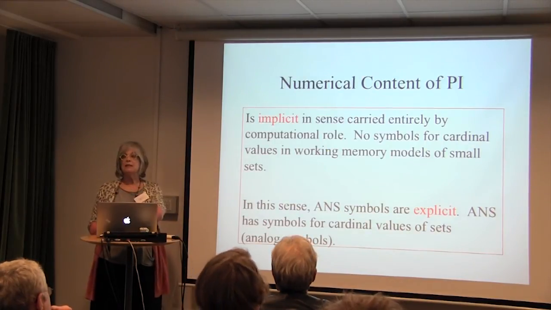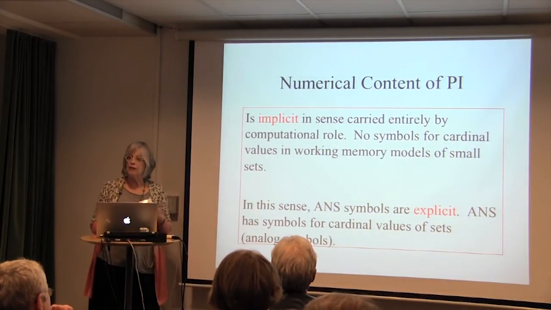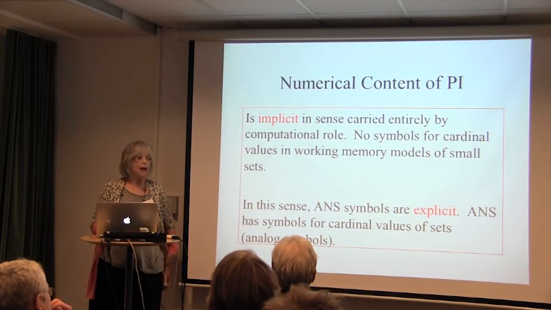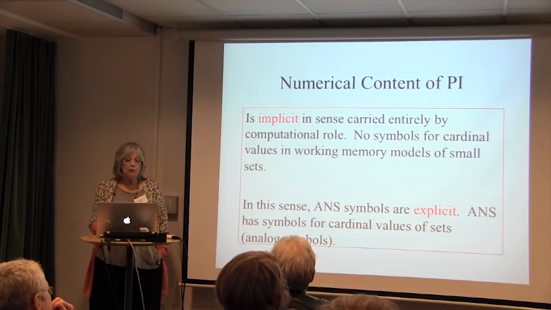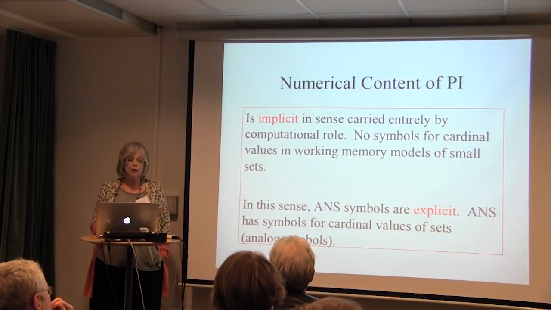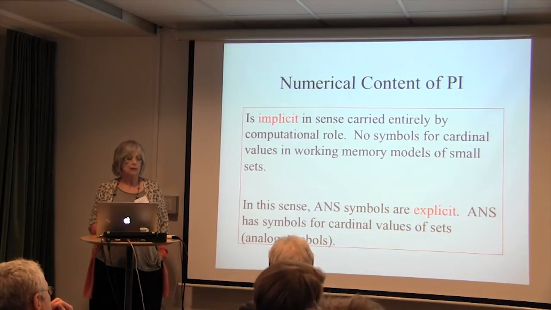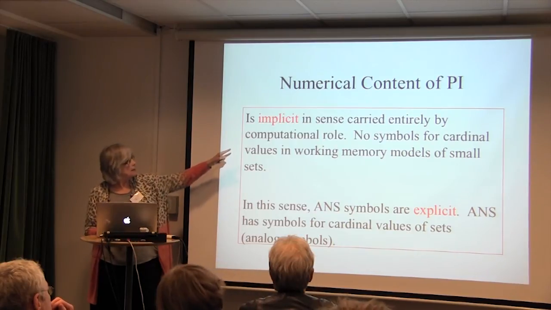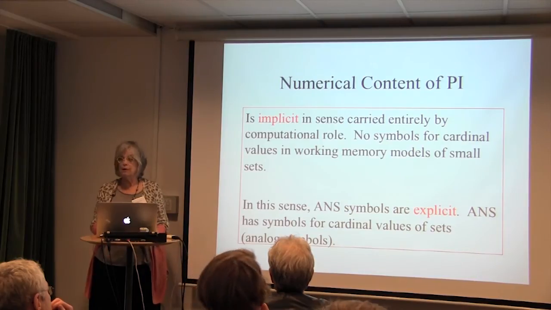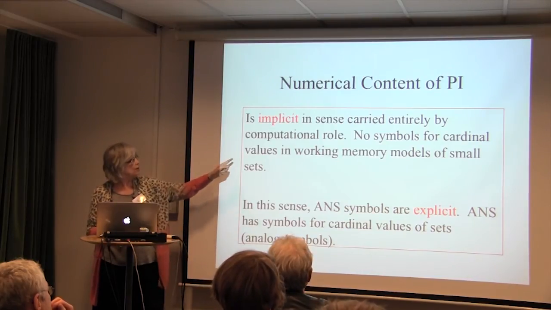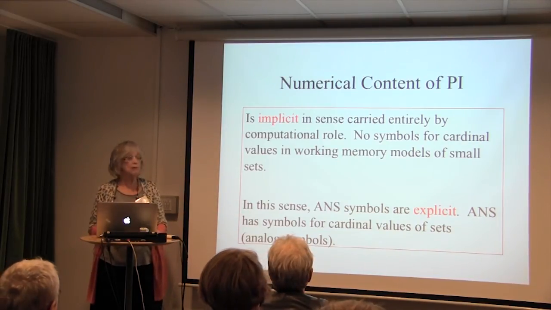In this system, this introduces a relevant notion of implicit. The numerical content of parallel individuation is implicit in the sense that it's carried entirely by computational role, right? There's no symbols for cardinal values in working memory models of small sets.